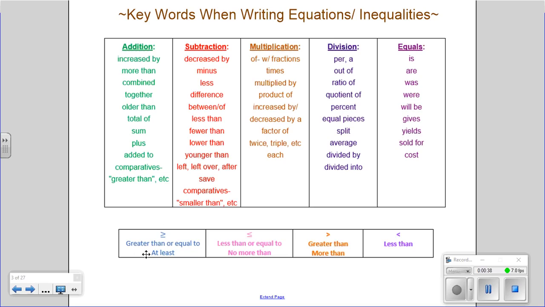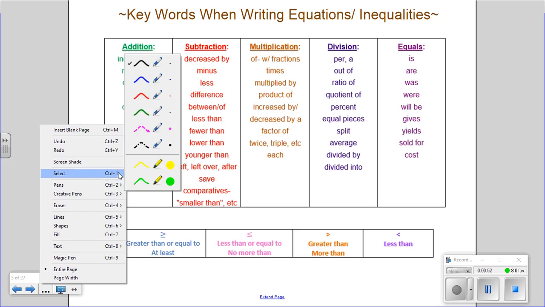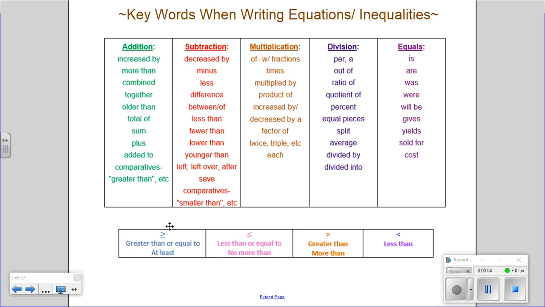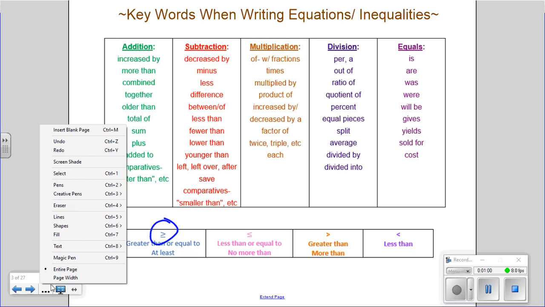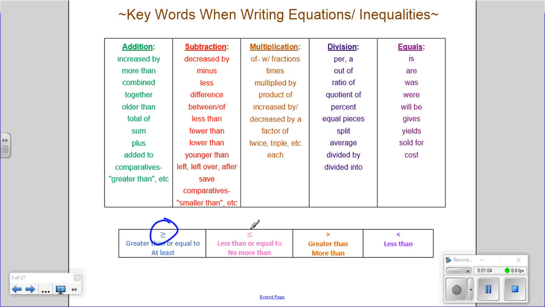The description or word problem would say the phrasing greater than or equal to, or at least. And when it uses that phrasing, you're going to use greater than or equal to signs. If it says less than or equal to, or no more than, you're going to use the less than or equal to sign.